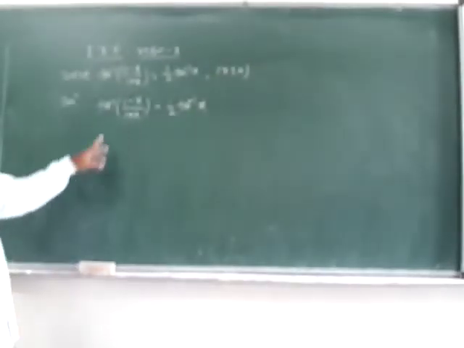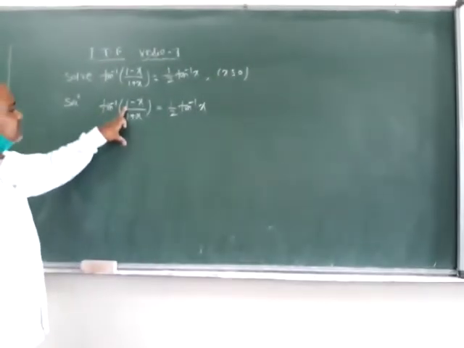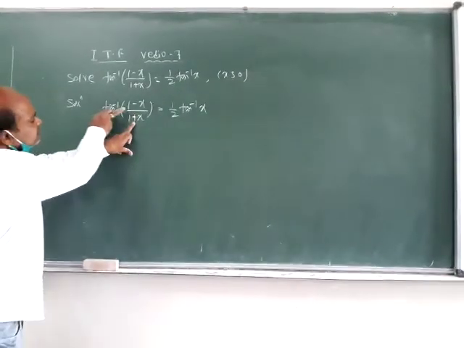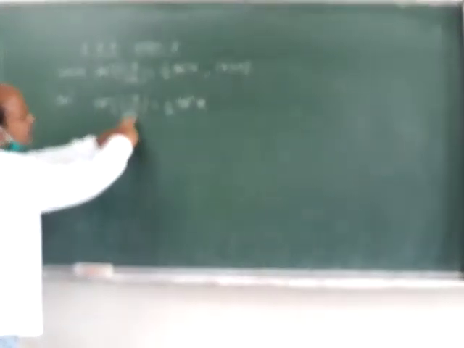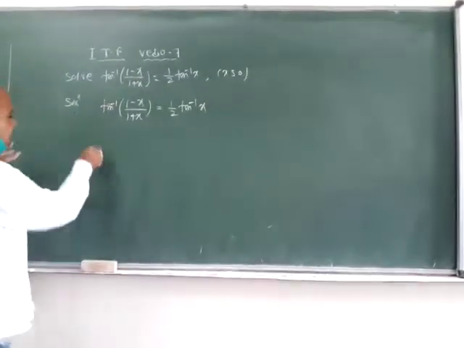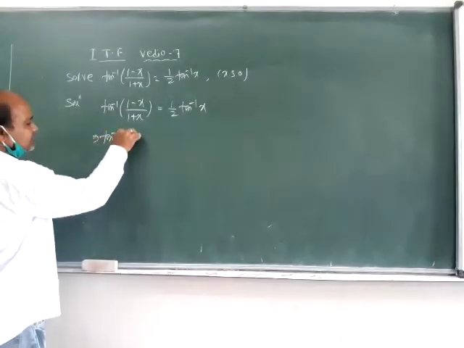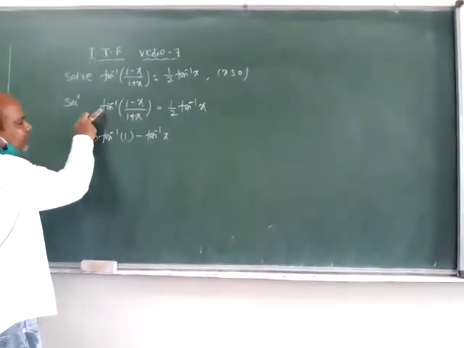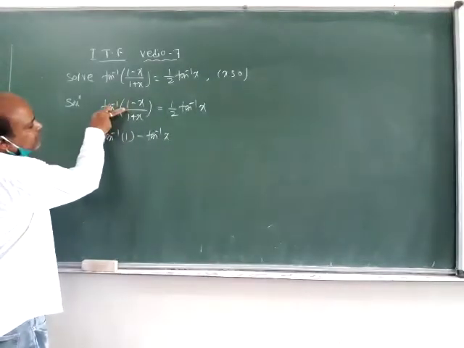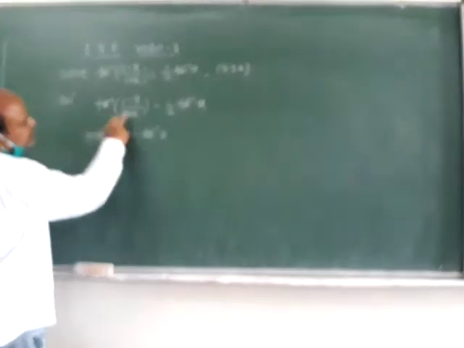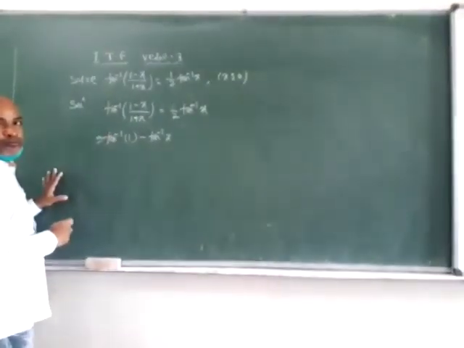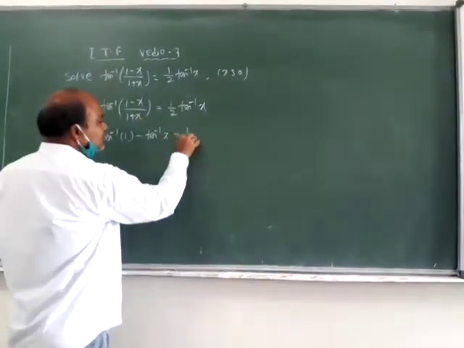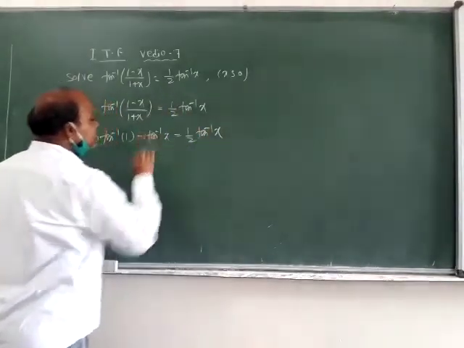Imagine tan inverse of (x minus y) upon (1 plus xy). So this can be written as tan inverse 1 minus tan inverse x, using the formula for tan inverse x minus tan inverse y, is equal to 1 by 2 tan inverse x.